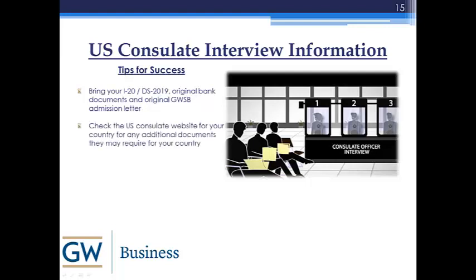Be sure to check with the U.S. Consulate website for your country and know any additional requirements that the consulate may have for processing a student visa in your area. During your interview, be sure to highlight your past academic achievements, your professional goals, and how GWSB will help you achieve your goals.